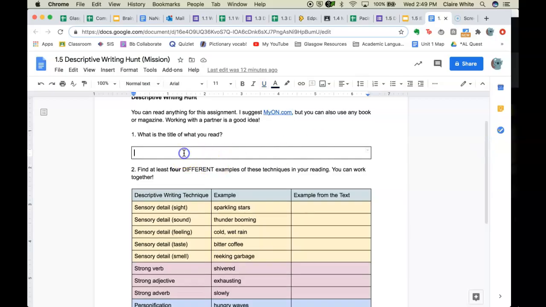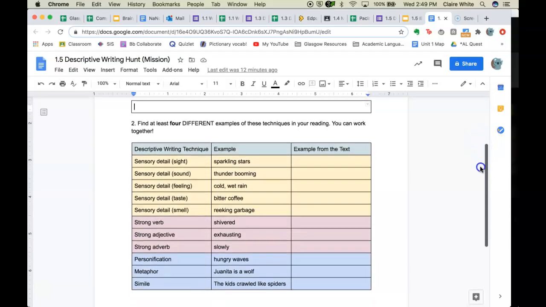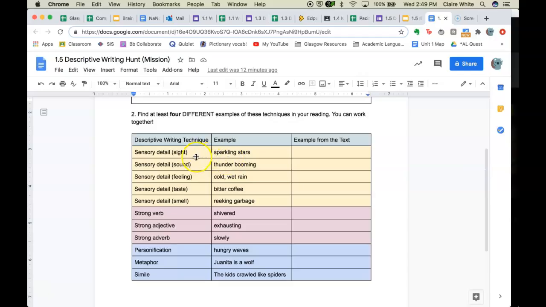Put the title of what you read here, and then down below, you're going to hunt for 4 different techniques. So if I find 4 details about what you see in the text, sorry, that doesn't count. I could find one about sight, I could find one about taste, I could find a strong verb, I could find a simile, and then it'd be done.